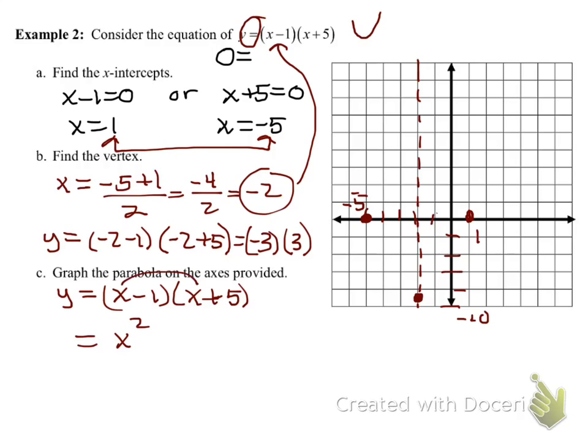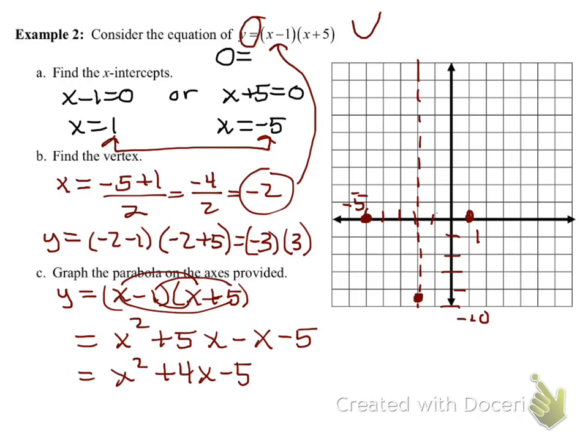So first, outside would be 5x, inside would be minus 1x, and last would be minus 5. So we have x squared plus 4x minus 5, and the last number tells us our y-intercept is negative 5. Since we used a scale of 2, that would put our y-intercept right here.